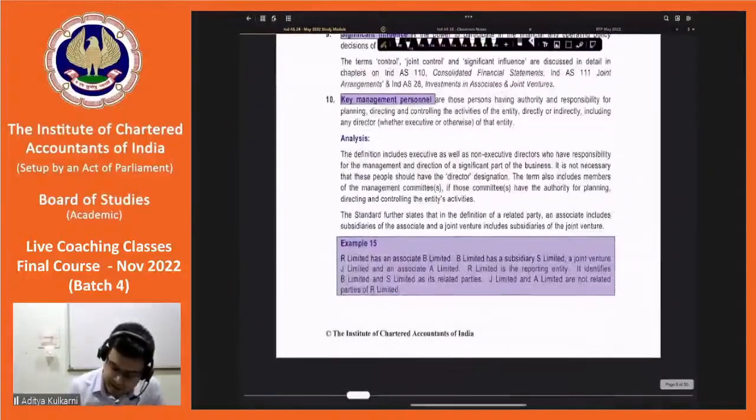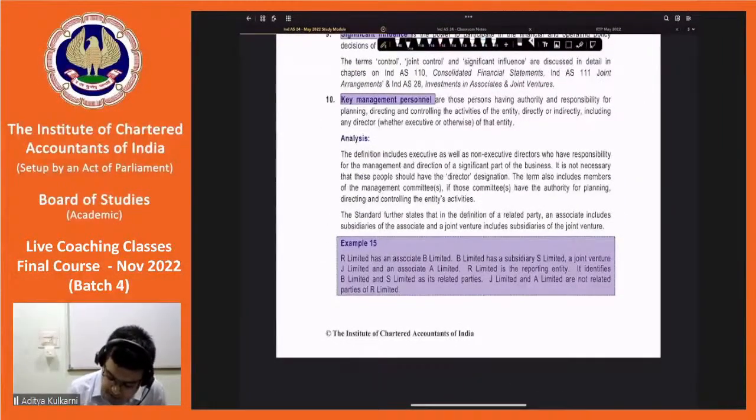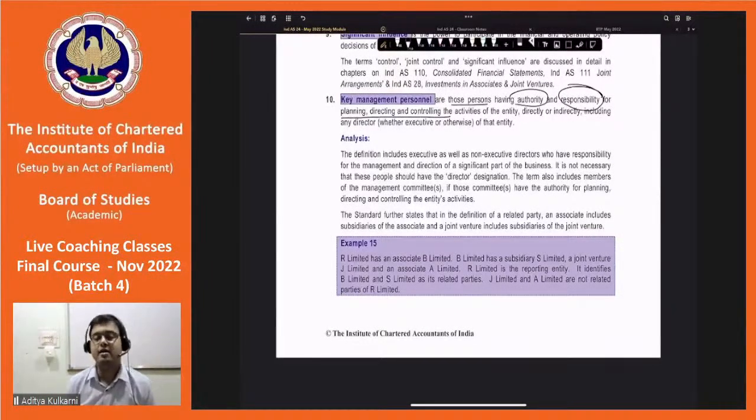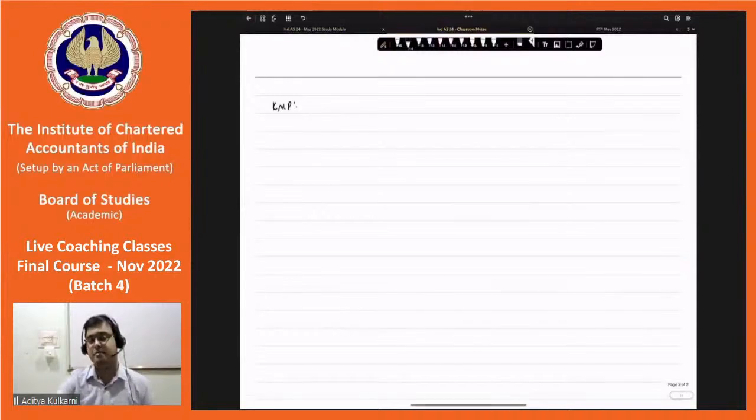What do you mean by KMP? Those persons having authority and responsibility for planning, directing, and controlling the activities of the entity, including any director, whether executive or otherwise, of that particular entity. So these are the meaning of key managerial personnel or key management personnel.